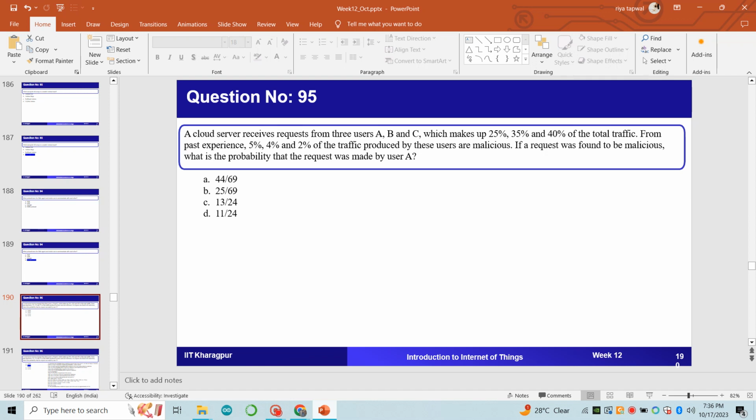Ma'am, please give the hint. Okay. So you have to use the probability concept, the Bayes theorem.